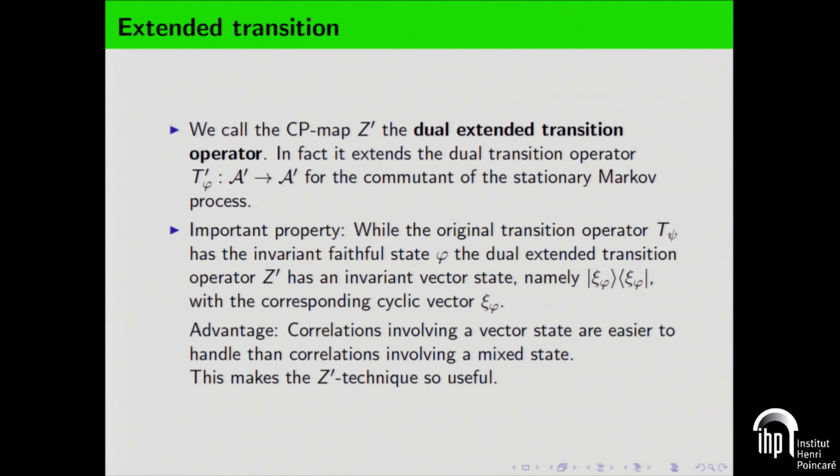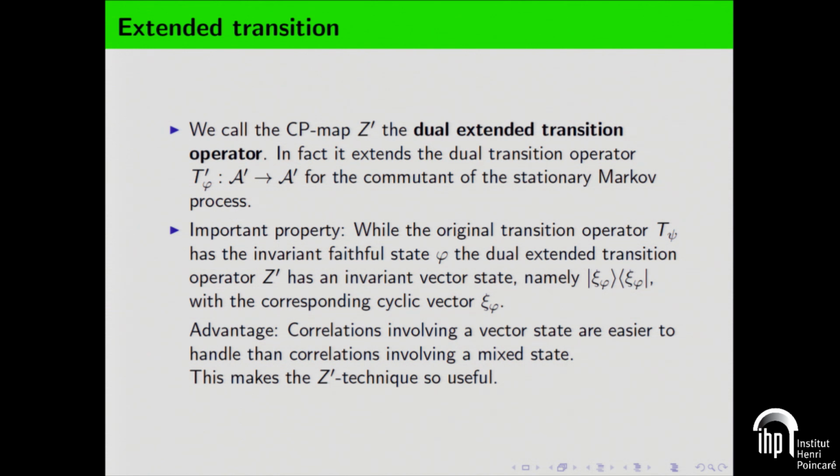Important for us here is that while the original transition operator has the invariant faithful state phi by assumption, this dual extended transition operator Z prime has an invariant vector state, namely the corresponding cyclic vector psi phi gives you a vector state, and you can check this is invariant for Z prime.